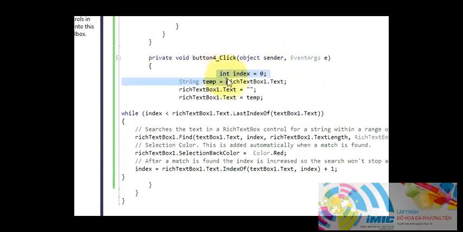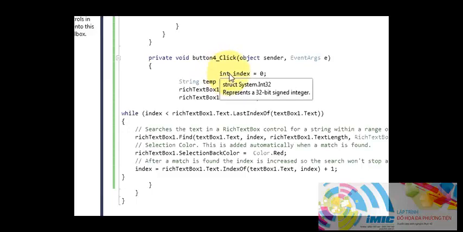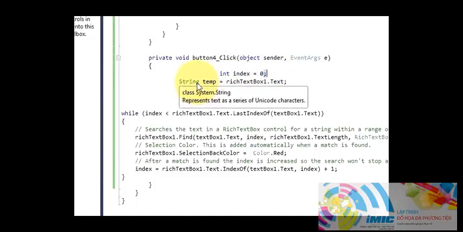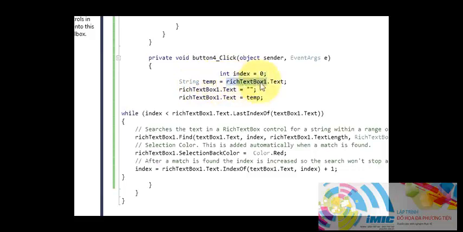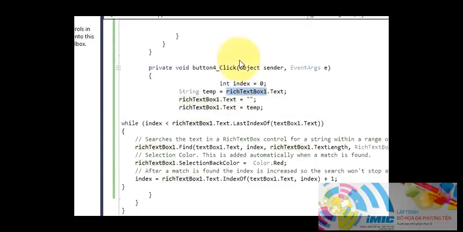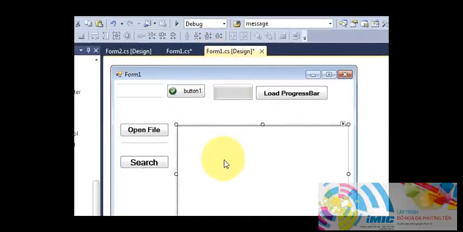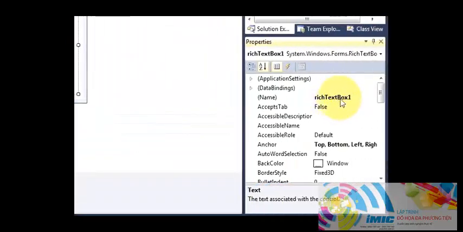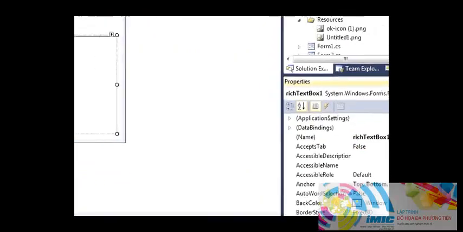Now when I double click this button, I reach the code of the search button click event. In here write int and declare a variable called index equal to 0, and then declare a string variable called temp equal to richTextBox1.Text. This is your rich text box name.